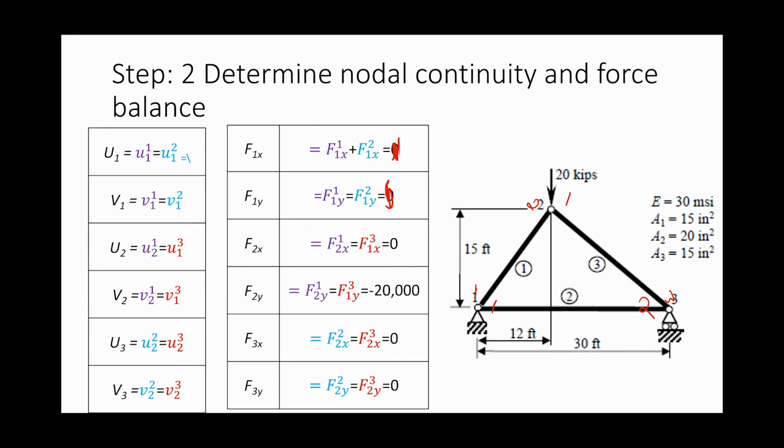F2y is minus 20,000 pounds. I'm sorry, these should be plus signs. Now for element 3, because we have rollers here, there cannot be a force in the x direction, but there will be a reaction force in the y direction.